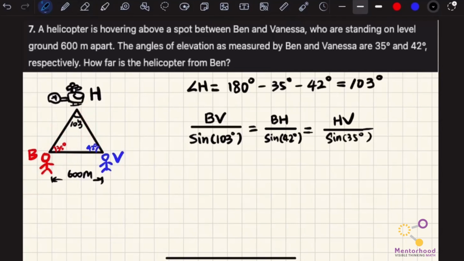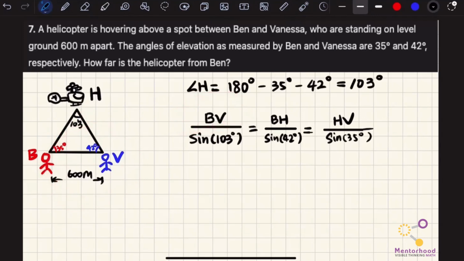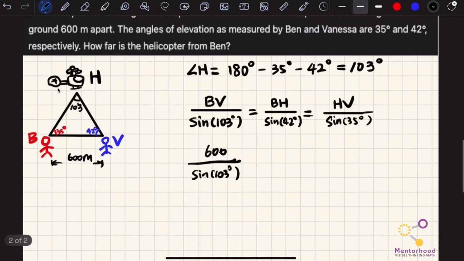The only thing we know is BV here, 600, so we put that in. Okay. Well, this will give us a constant number, right? You can use a calculator for this part. So sine 42 degrees, if I use my calculator here, is around 0.669.